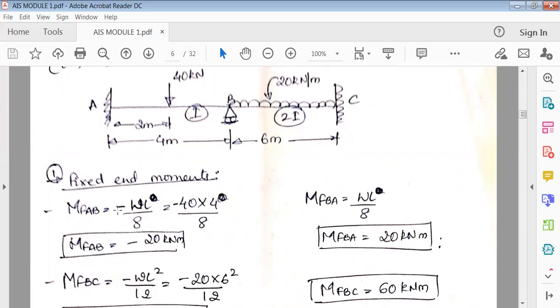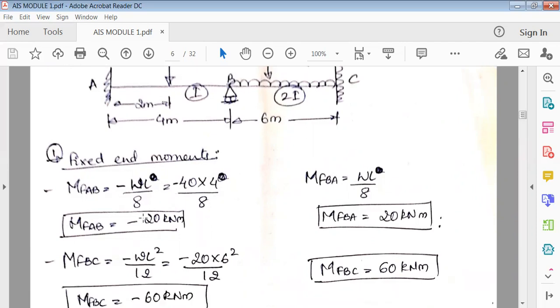So it's always minus WL by 8. W is 40, into L, which is not the total 40 but only the length of AB, since we are interested only in AB now. AB is 4, divided by 8. So MFAB is equal to minus 20 kilonewton meter.